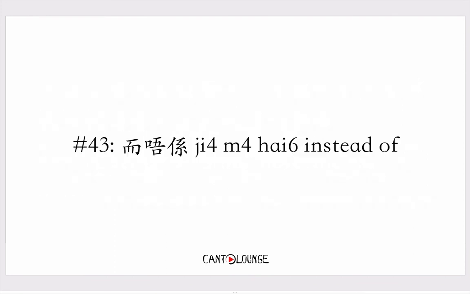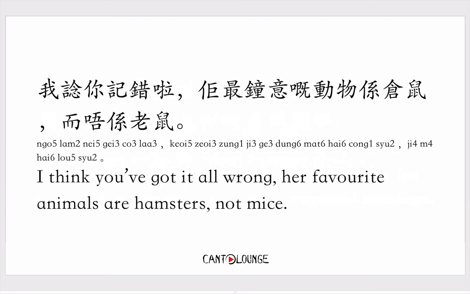Okay. Moving on, 而唔係, instead of. Again, these mappings, I rely very much on my experience with these two languages instead of consulting a dictionary. These are words that really aren't talked about, but as you can probably imagine, they're fairly important, right? It's not too difficult to imagine a situation where you might need to use instead of.